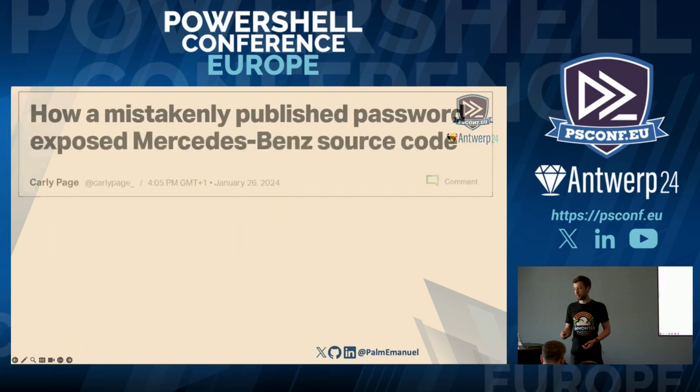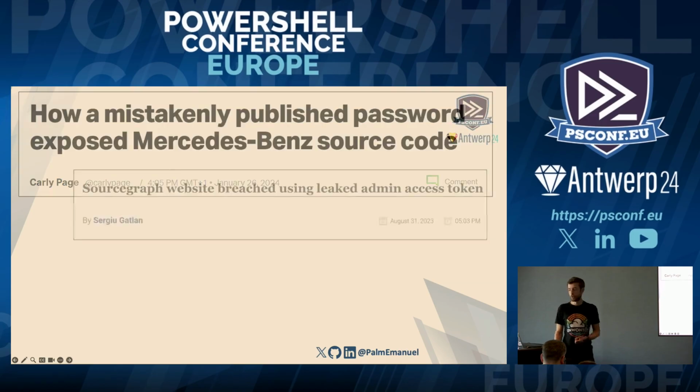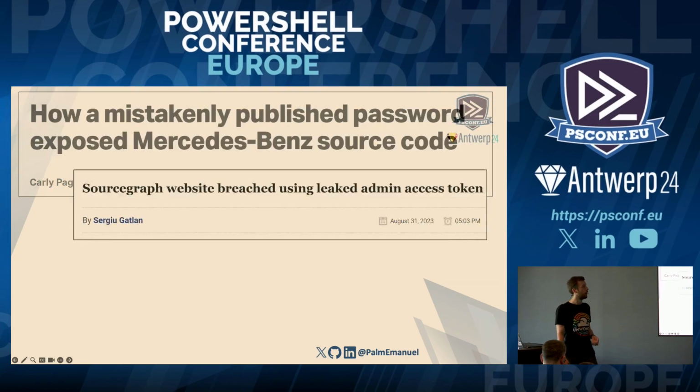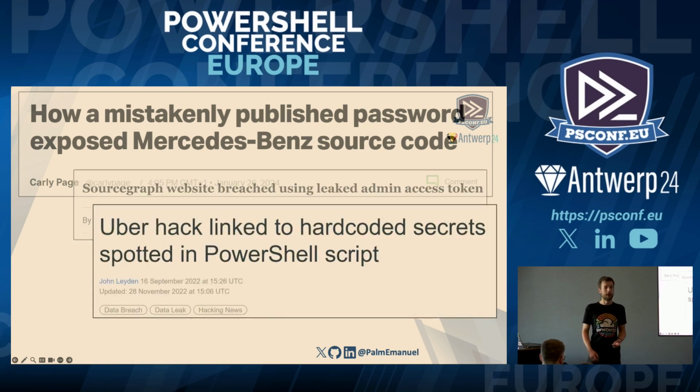When it comes to headlines, some people might recognize these types of headlines. These have flourished in the last couple of years, where someone has, in this case, Mercedes-Benz, for example, in January, accidentally exposed source code from a published password. We had SourceGraph last year with a leaked admin token, and Uber 2 years ago had a hard-coded secret in a PowerShell script that led to someone owning their entire cloud environment.